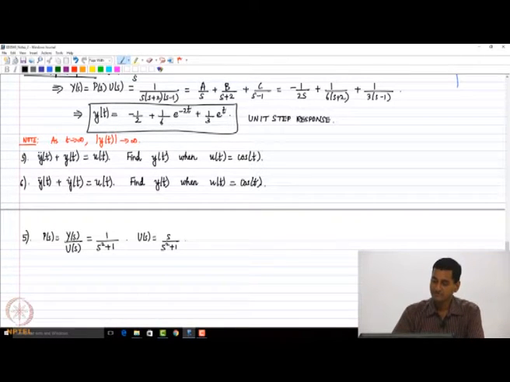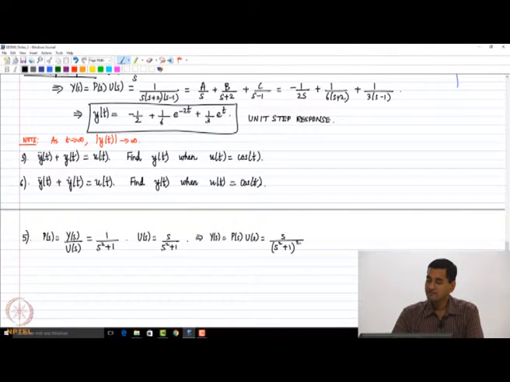So y of s, which is equal to P of s times U of s, is going to be s divided by s squared plus 1 the whole squared. That's what we are going to get.